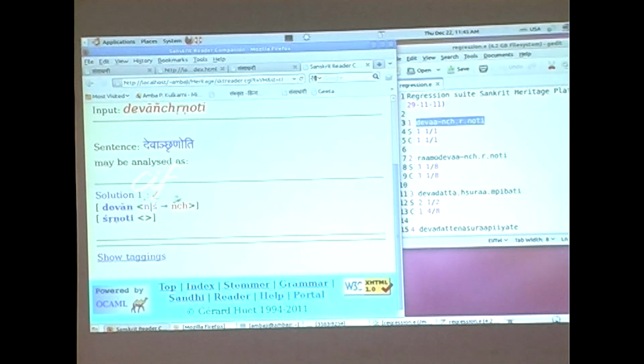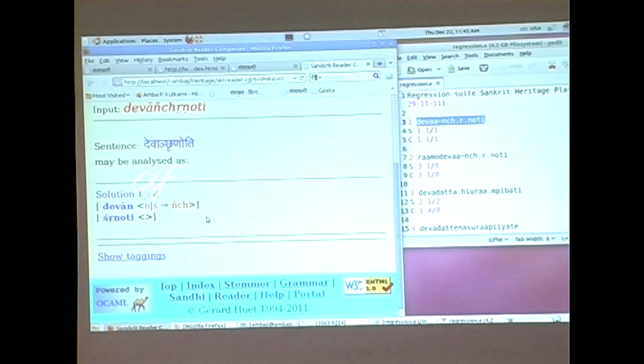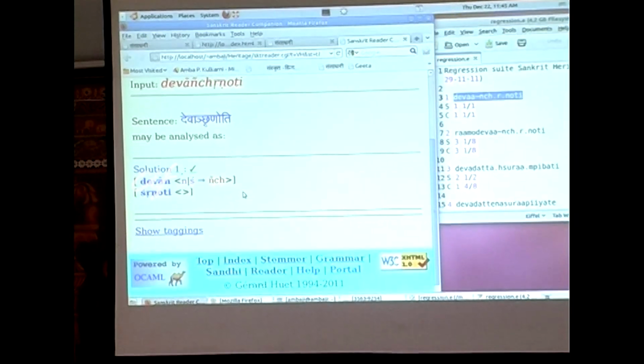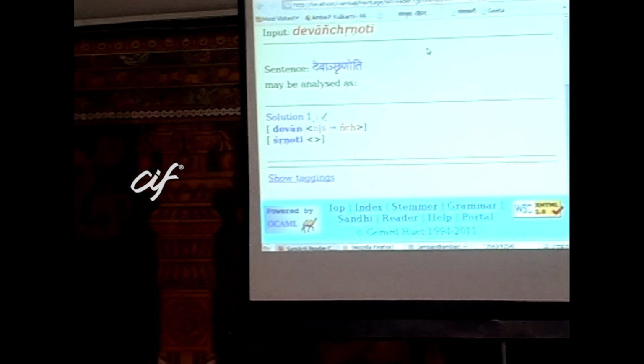And it gives you some indication of what is the Sandhi rule that is used in order to create the input sentence by gluing the 2. It says that any word that ends with N may be glued with another word starting with sh by replacing the sequence N sh with the sequence sh.